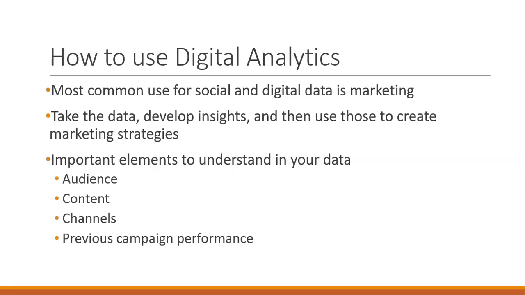Our content, what content is engaged with, what platform is that content engaged with, are people more likely to share specific content over others, what channels are more popular for us that we should focus on, which social media platforms or channels have the highest performance, and how did our previous marketing campaigns perform?